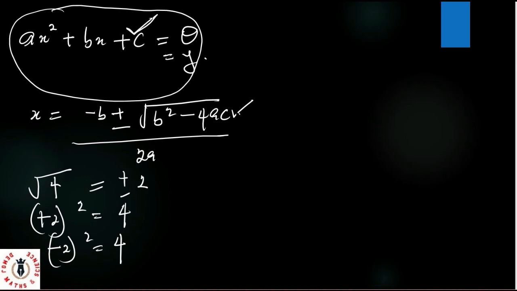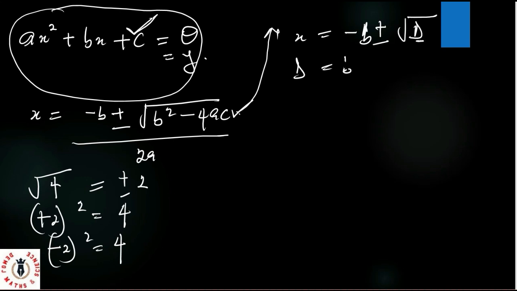I can interpret this as x is equal to minus b plus or minus the square root of d, where d is my discriminant, and d is the same thing as b squared minus 4ac. When the value of d is greater than 0, we say that this equation has distinct roots.